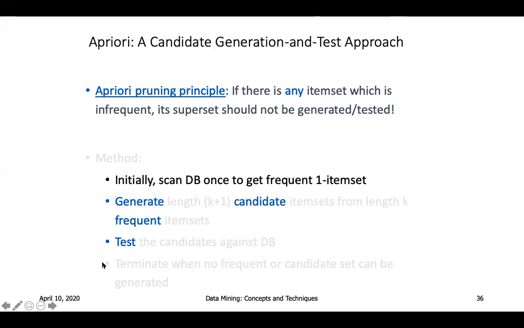So again, I will revise the method. Initially, you have to scan the entire database and check the frequency of all the transactions, meaning in what manner all these transactions are occurring.